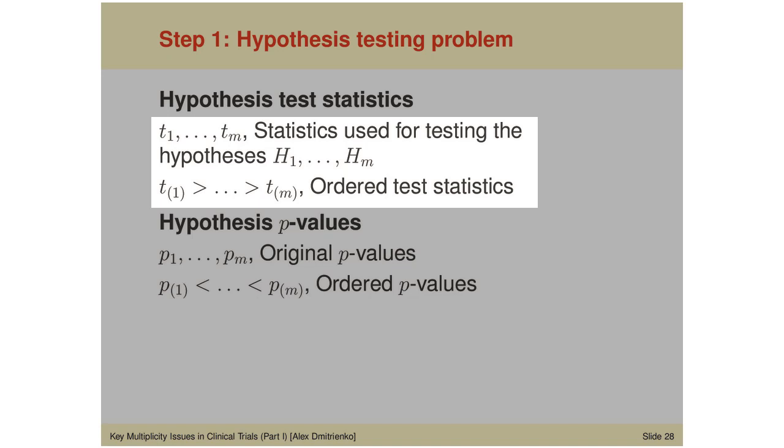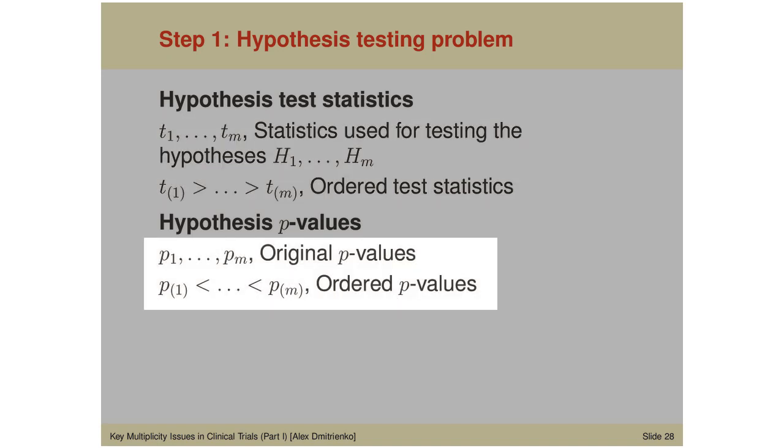T1 through Tm. And in addition, when discussing more powerful multiple testing procedures that are known as stepwise procedures, we will make use of ordered test statistics. These are defined using the following parenthetical notation. The ordered test statistics are arranged from the largest one or the most significant one to the smallest or the least significant statistic.